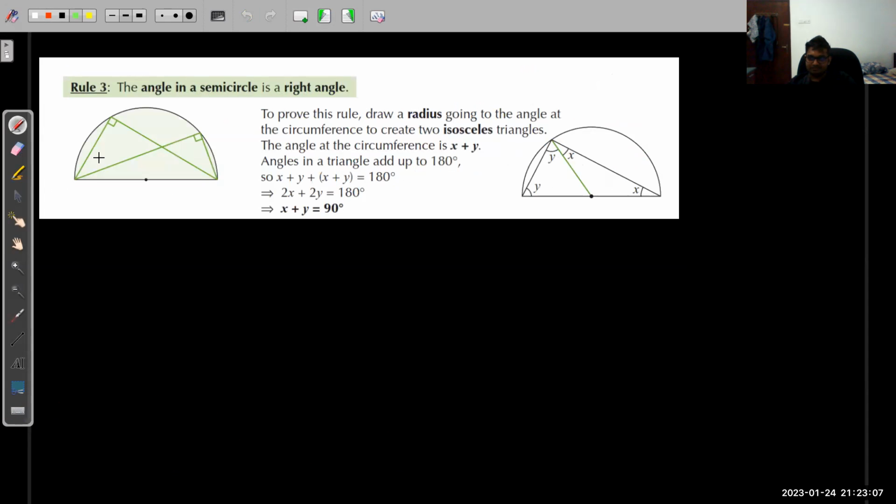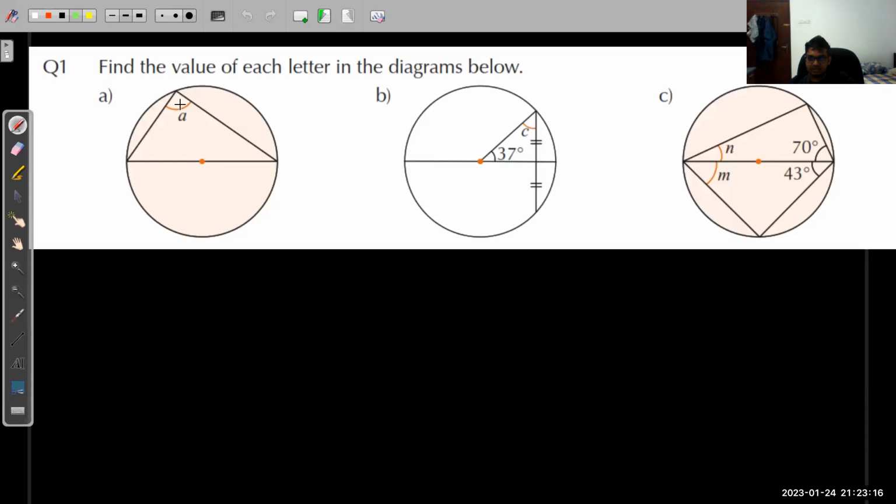What is this theorem? This is angle in a semicircle is a right angle. So according to that, A is in a semicircle, so it's a right angle. A equals 90. Directly you write the theorem: angle in a semicircle is a right angle.